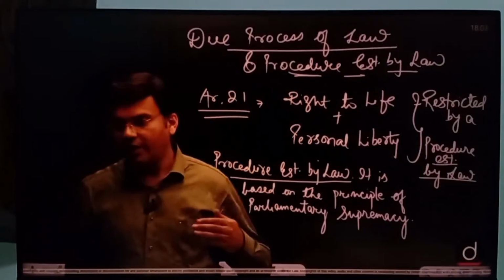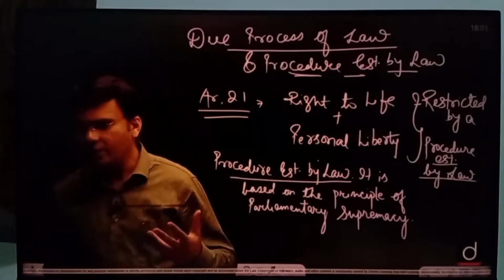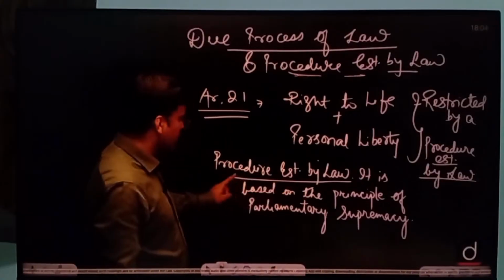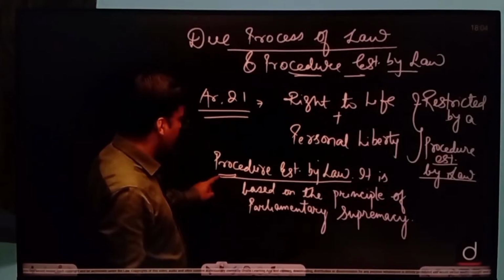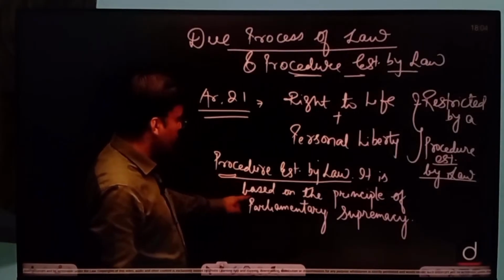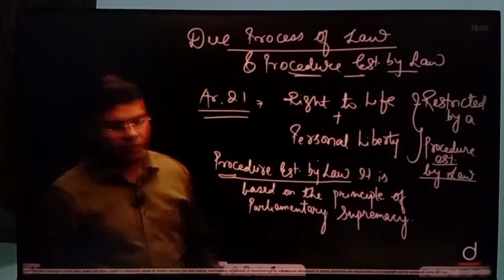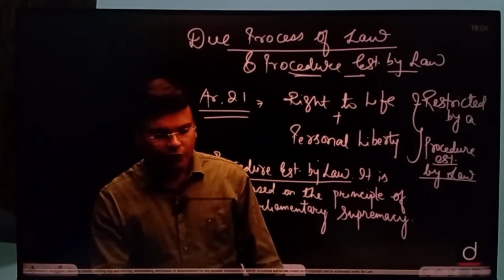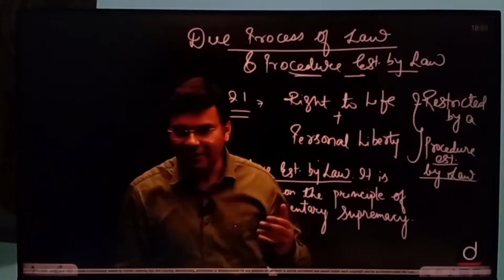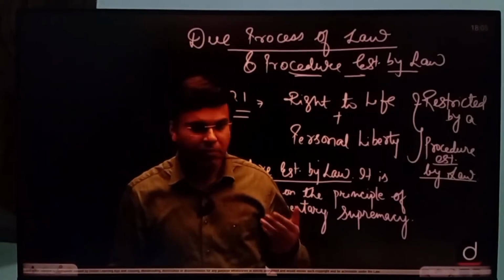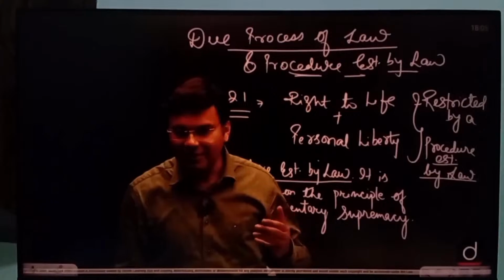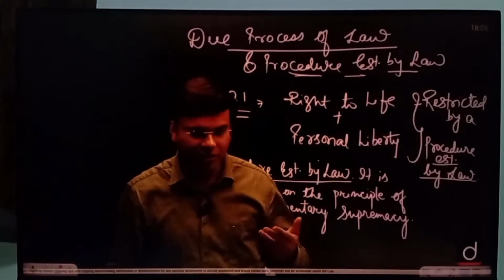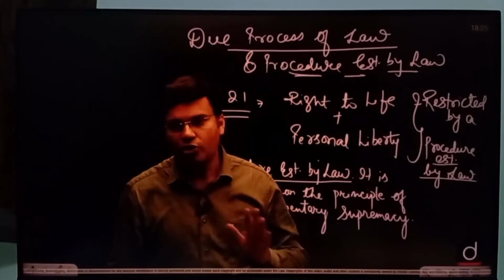A country like Great Britain, a country which has an unwritten constitution, and is operative upon the principles of parliamentary supremacy. Okay. So if we have a case where a law has been made by following all the correct procedures, then the courts cannot help you.